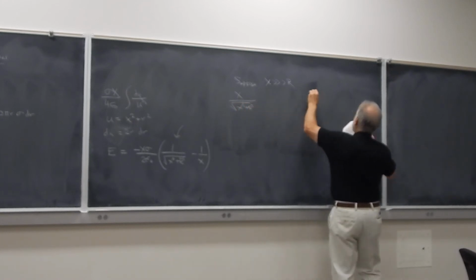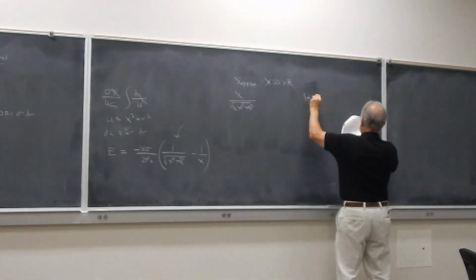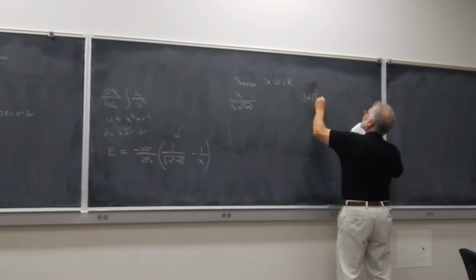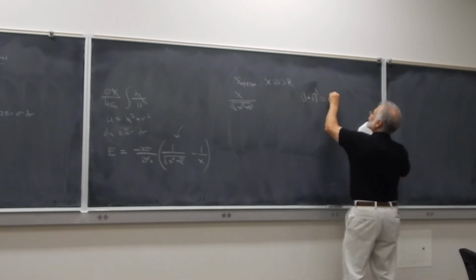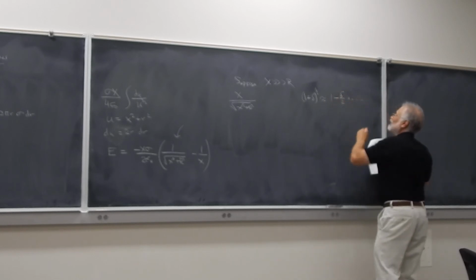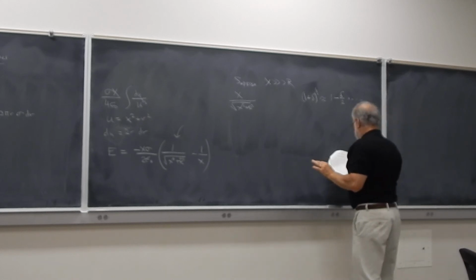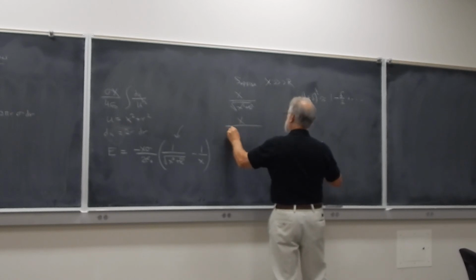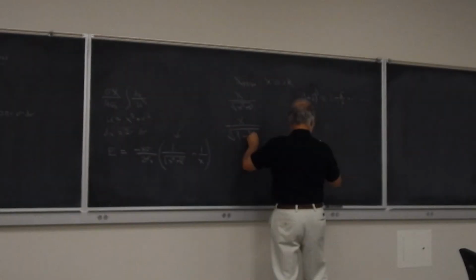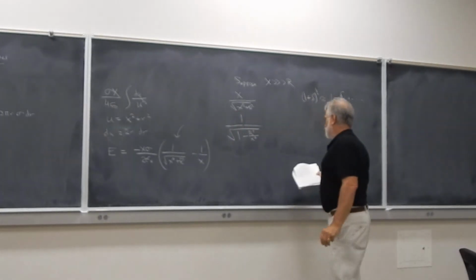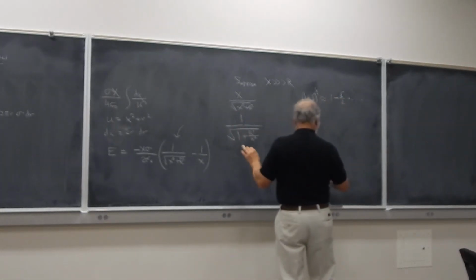I know that I can write the term 1 plus delta to the 1/2 is approximately 1 minus delta over 2 plus higher order terms. So in this case, I'm going to write this as x divided by the square root of 1 plus r squared over x squared, 1 over 1 plus r squared over x squared to the 1/2.